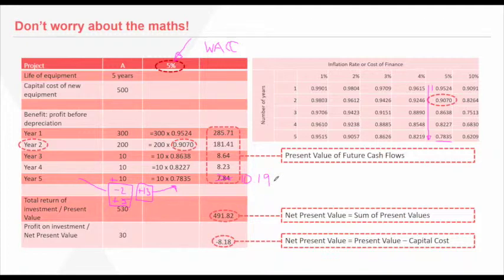Great stuff. So Mark, you're saying, how is the inflation rate or the WACC determined? Well, that is perhaps a question for another day. When we are dealing with inflation rate, we are going to have to come up with some sort of forecast. And there are many ways in economics in which you can do this.